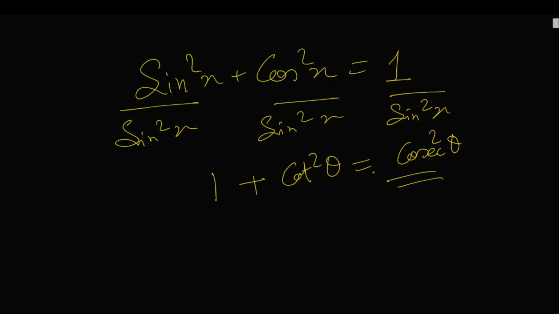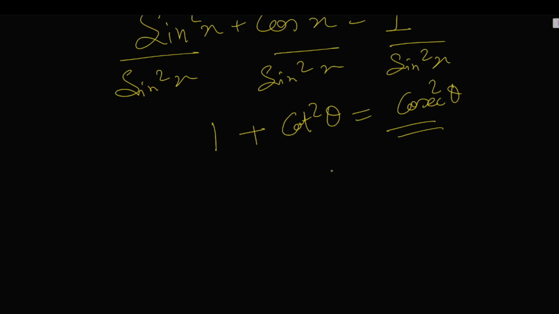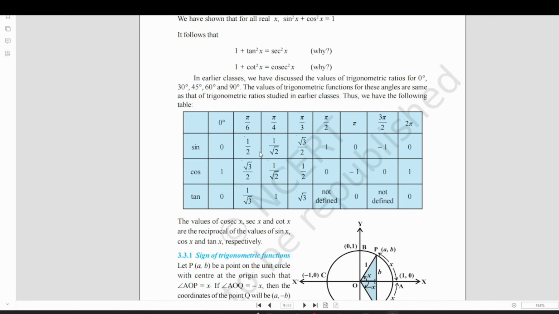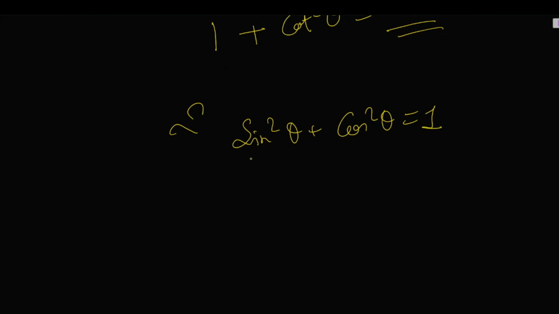If you divide it by cos square theta, then you will get the other value. So if you have sine square theta plus cos square theta is equal to 1, and now we want to derive the tan one, so we'll divide by cos square theta on both the sides.